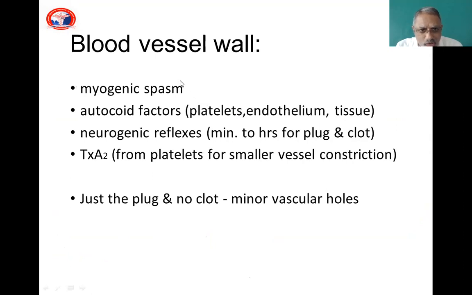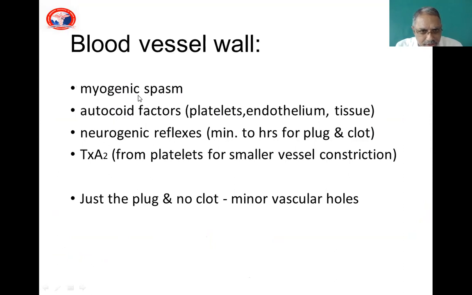Now, what is the involvement of blood vessels? They undergo myogenic spasm of the tunica media, the smooth muscle of the blood vessel wall.